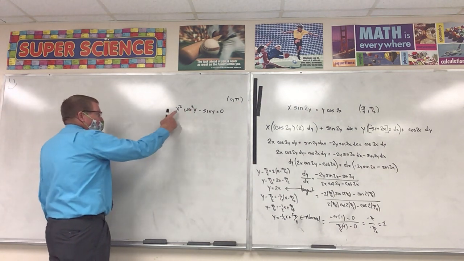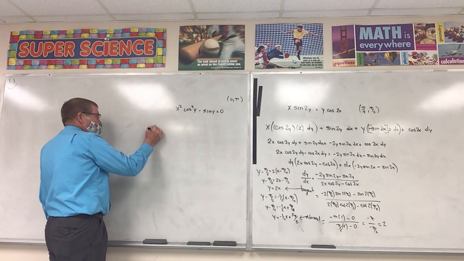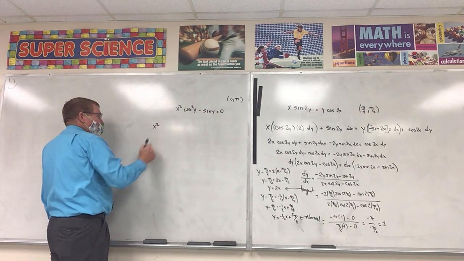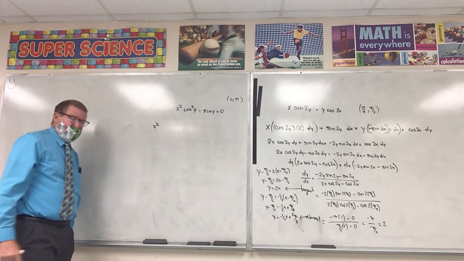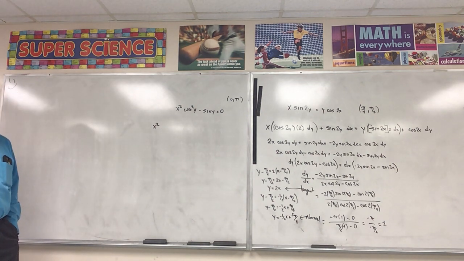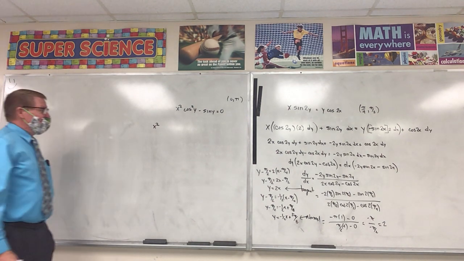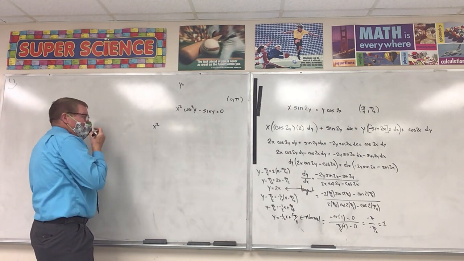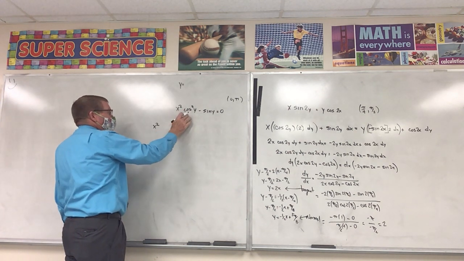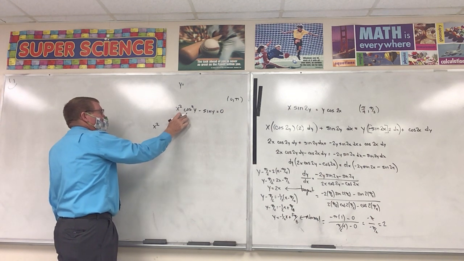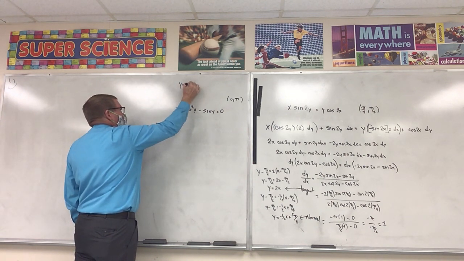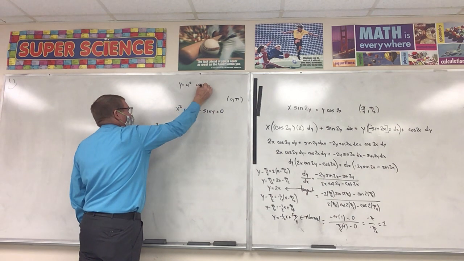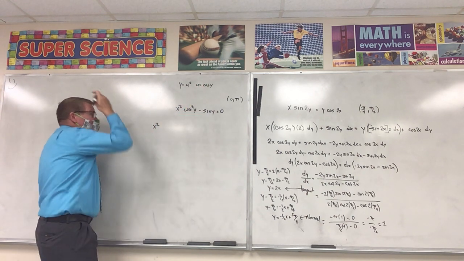Product: first times the derivative of the second. I have a composite. My function is cosine squared, so what's my function? u squared, and my u equals cosine y.